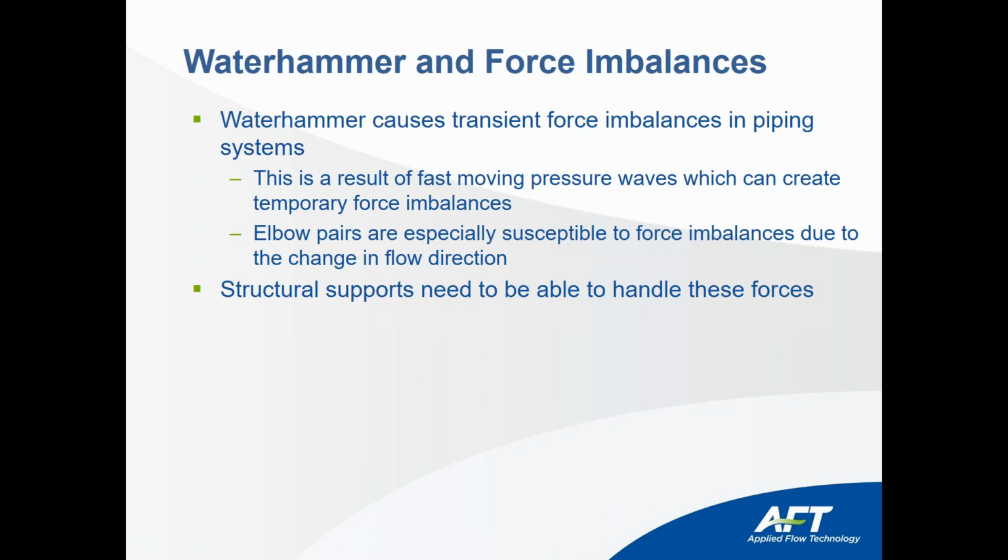And the thing is, when you have a pair of elbows, on one side you have the static pressure, and on the other side you have the transient pressure, which creates an unbalanced force until the pressure balances in that section of the pipe.